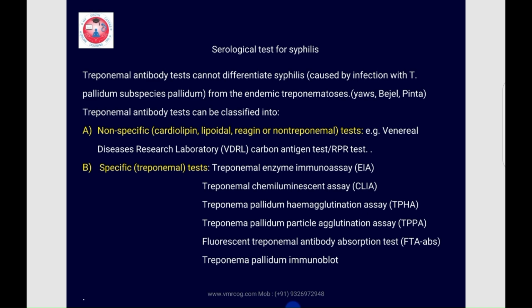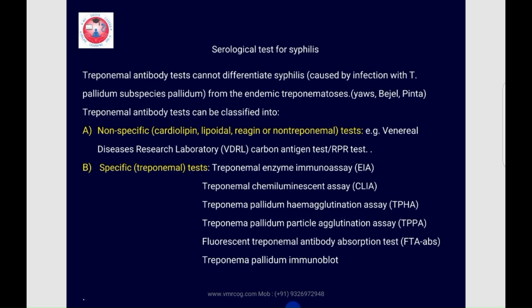So the specific tests will be specifically for treponema, while the non-specific tests are cardiolipin or lipoidal or reagin or non-treponemal tests, in which we have VDRL, that is Venereal Disease Research Laboratory carbon antigen test, and the other is the RPR test. So RPR and VDRL are non-treponemal tests, while specific tests or treponemal tests are EIA, CLIA, TPPA, TPHA, FTA-ABS and Treponema pallidum immunoblot.